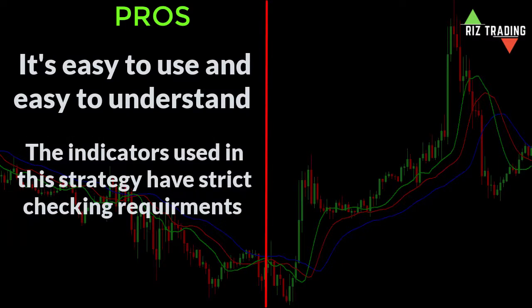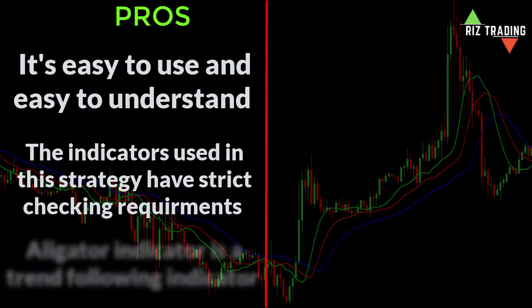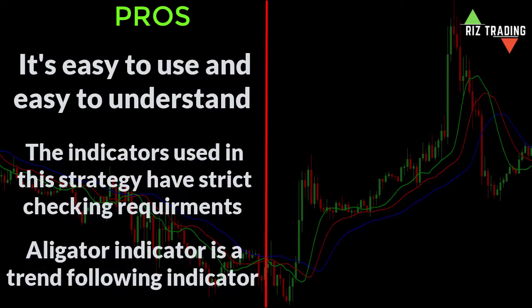Number two, the indicators used in this strategy have strict checking requirements, so it will generate highly accurate trading signals. Number three, the alligator indicator is a trend following indicator, so it helps traders to make easy profits from long trends.